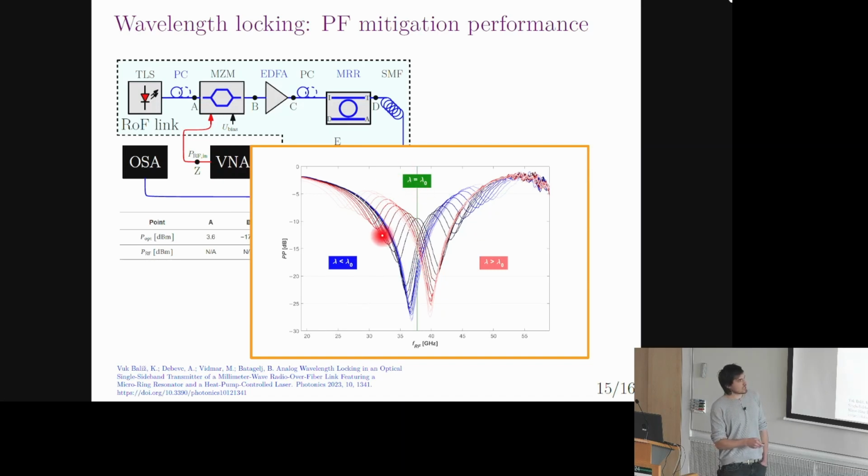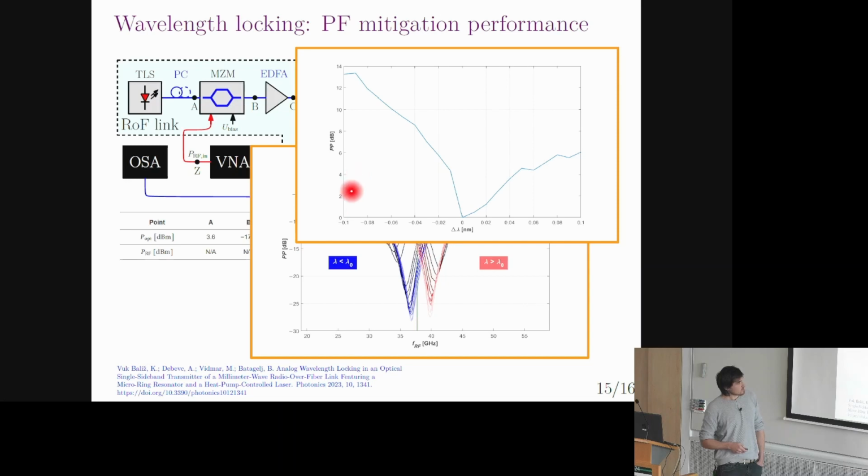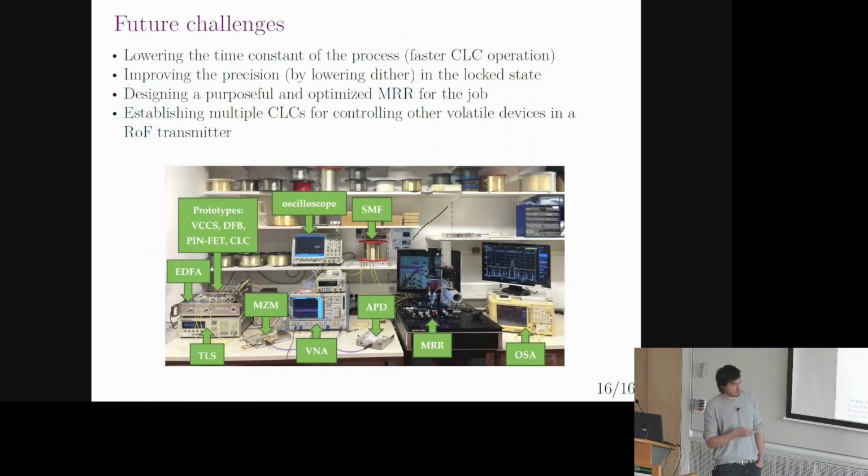We managed to stabilize the laser and to keep it below 4 picometers from the optimal wavelength, which allowed us to keep the power penalty below 2 decibels. That is how much the power penalty gets worse because of the fluctuation that still remains in the system. Okay, so that was the setup accommodating this experiment.